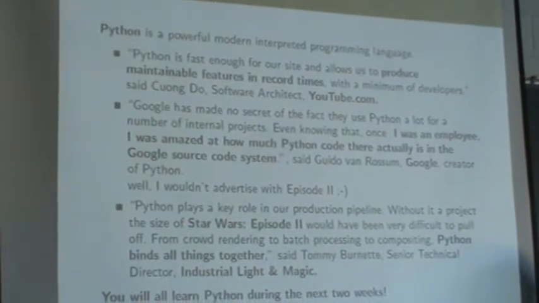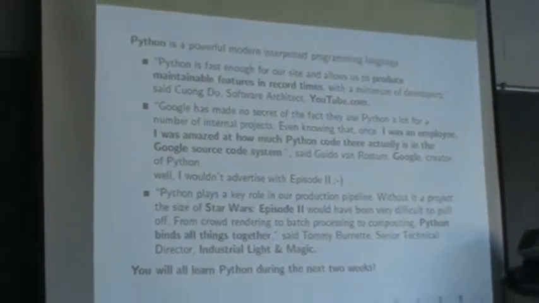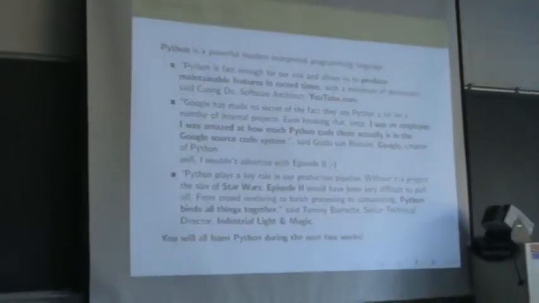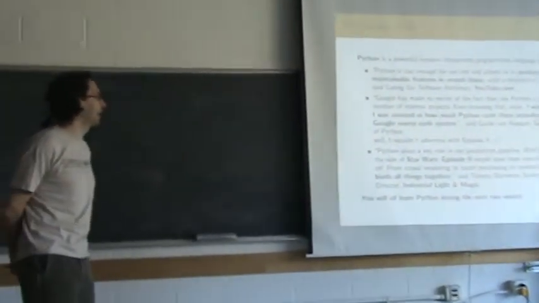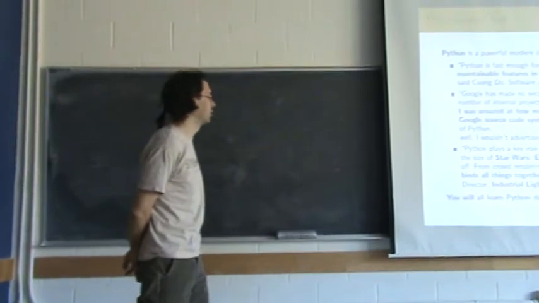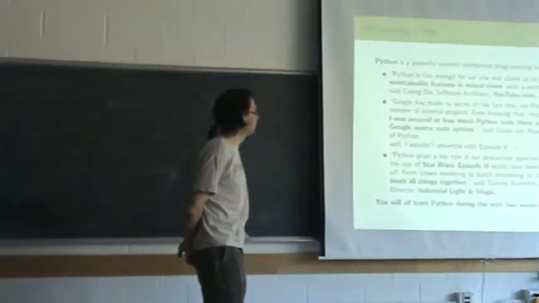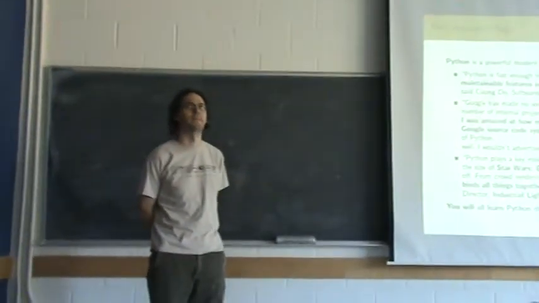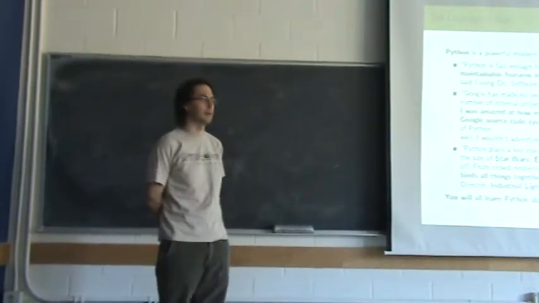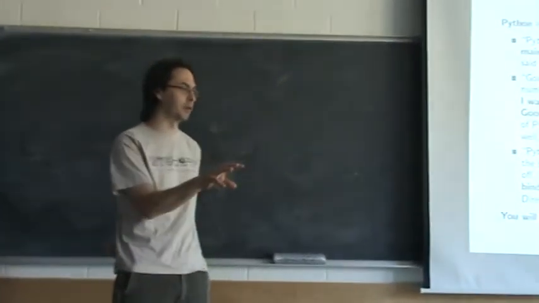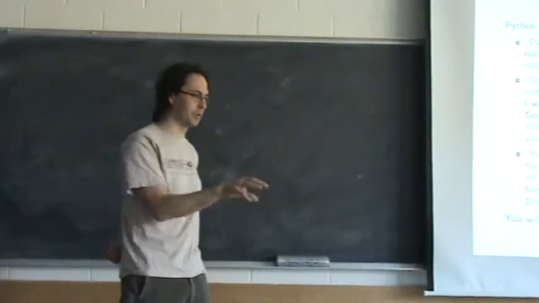Google's made no secret of the fact that they use Python for a lot of internal projects. Even knowing that, once I was an employee, I was amazed at how much Python code there actually is in the Google source code systems. And there was a recent quote by somebody in Australia that said that 15% of Google's code base is Python. They don't use it very much for actual deployed products.